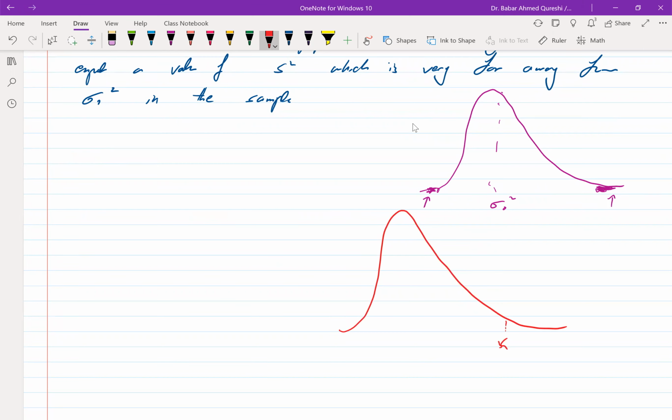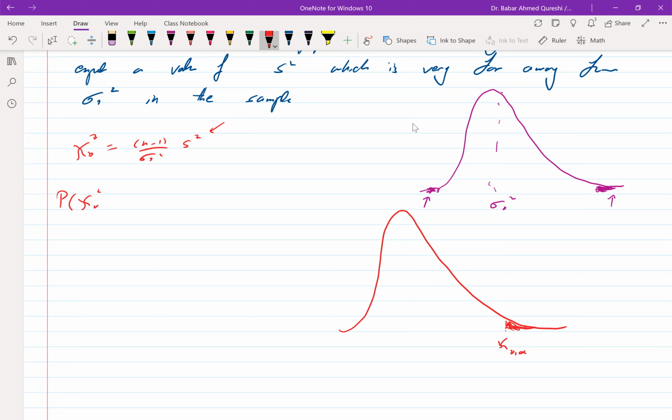There is some critical value. You construct the chi-square variable according to this formula by choosing a sample and computing its sample variance.